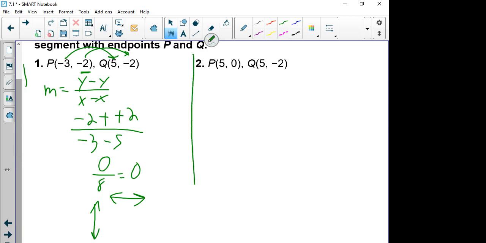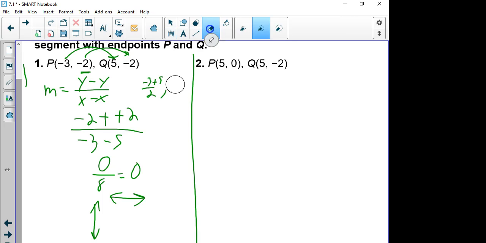All right. Now we know the slope of the line, and we also have to find the midpoint because it is a bisector. So that's where we're going to add x and x. Negative 3 plus 5 divided by 2, and negative 2 plus negative 2 divided by 2.